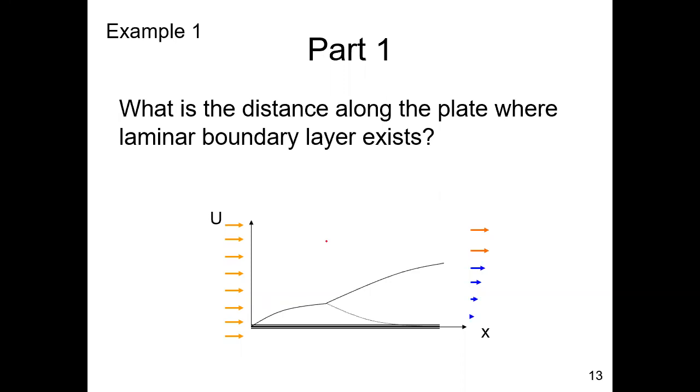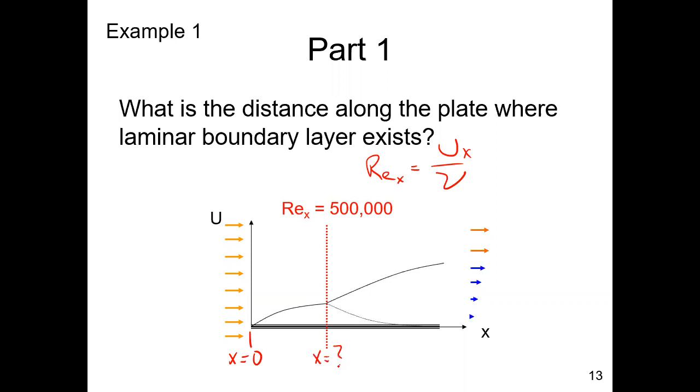So remember, the laminar boundary layer exists anywhere the boundary Reynolds number is less than 500,000. And the boundary Reynolds number, again, is ux over nu. And x is equal to 0 at the leading edge. And we're trying to find this distance where the laminar boundary layer ceases.